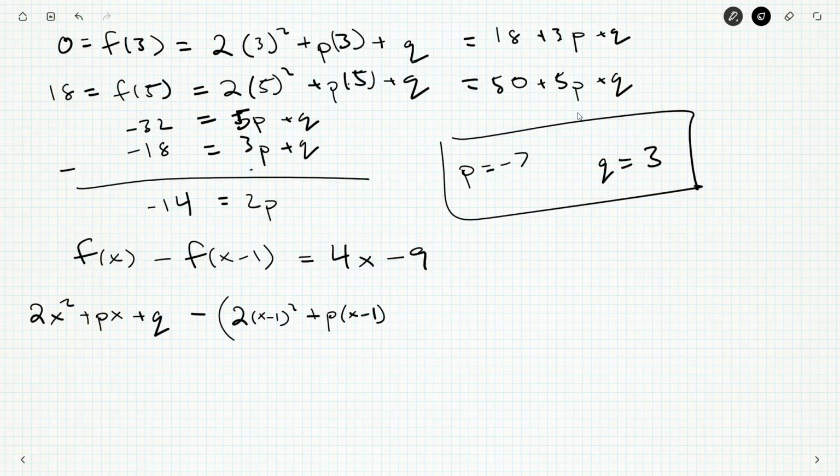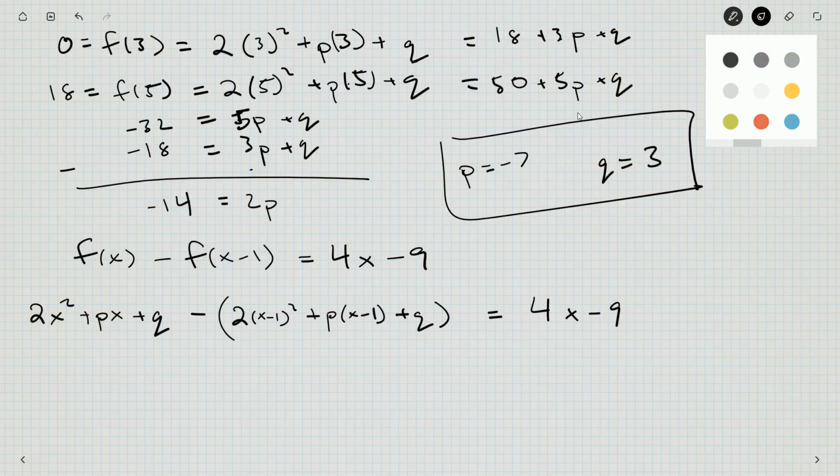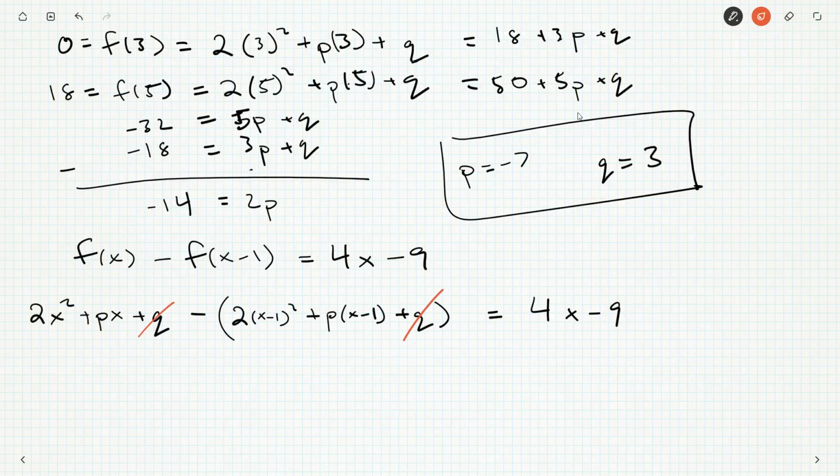Now, if you have trouble plugging in like this, then you should definitely go with the first method I showed you. Okay, so some things we can notice right away. The q's are going to cancel each other out, but how do we get this minus 9 constant here? Well, don't worry. For example, we'll get minus p here as well.